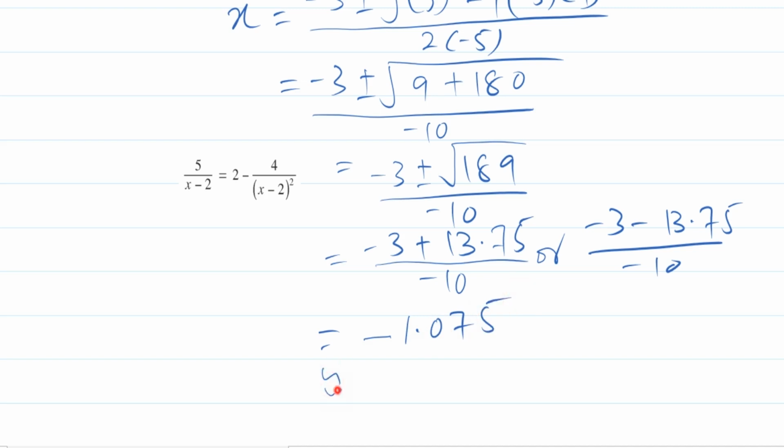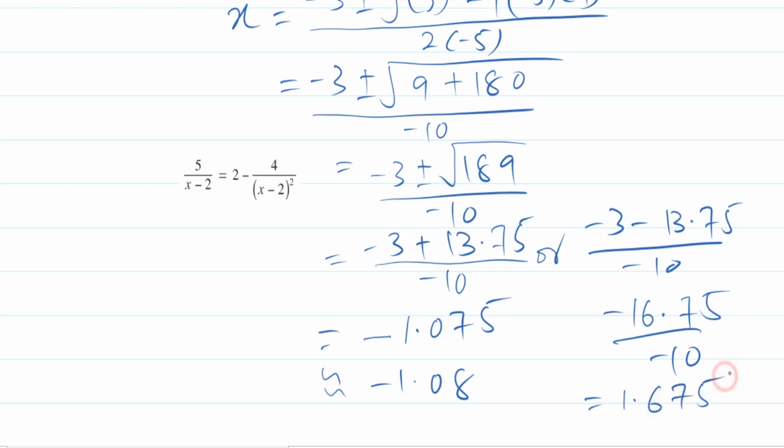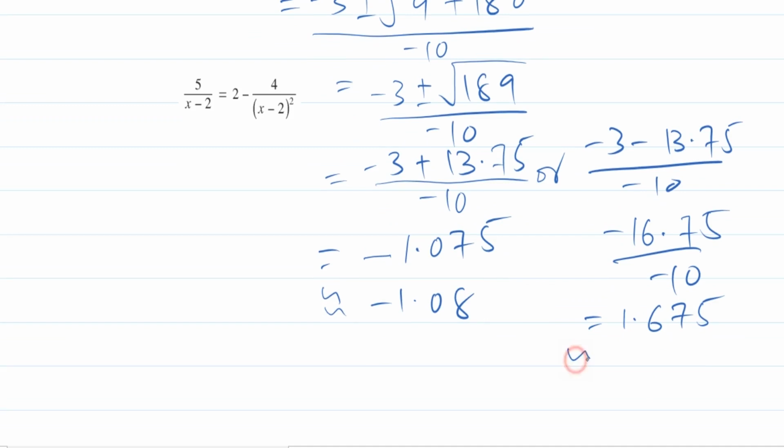In other words, we can say minus 1.08. And in the same way, this will become minus 16.75 over minus 10, where the minus signs cancel, giving 1.675. So approximately it will be 1.68. So these will be the answers.